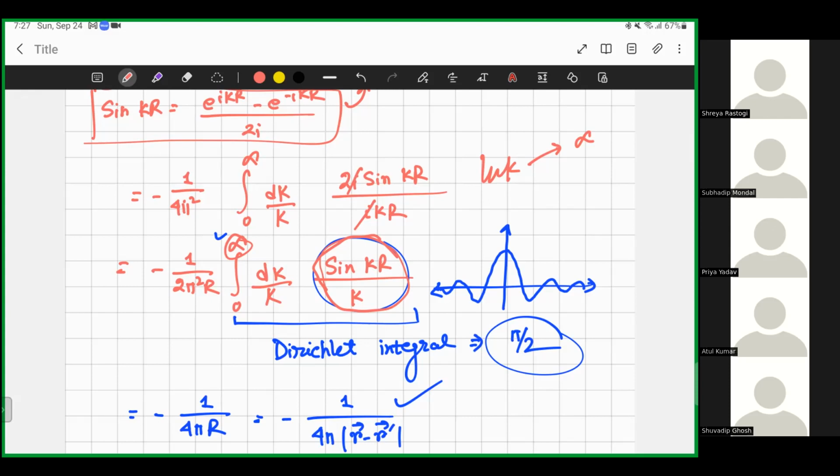We can do that, but the problem is that this integral is from 0 to infinity, not minus infinity to infinity, because this is an odd function: dk by k squared into sine kr.